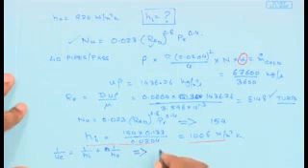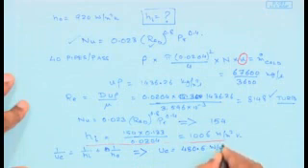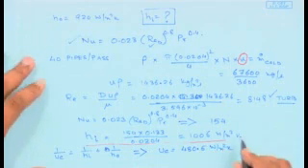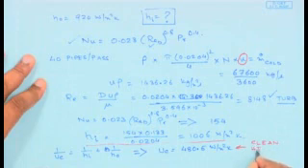So this would give us the value of UC to be equal to 480.5 watt per meter square Kelvin. So this is nothing but the clean heat transfer coefficient.